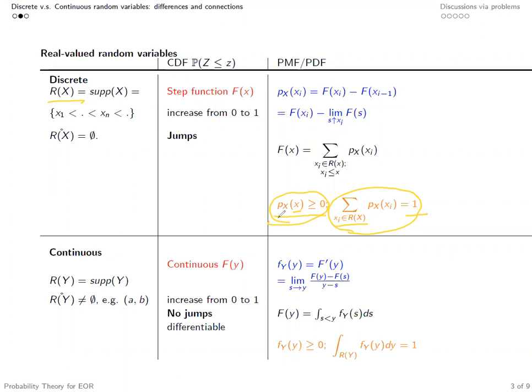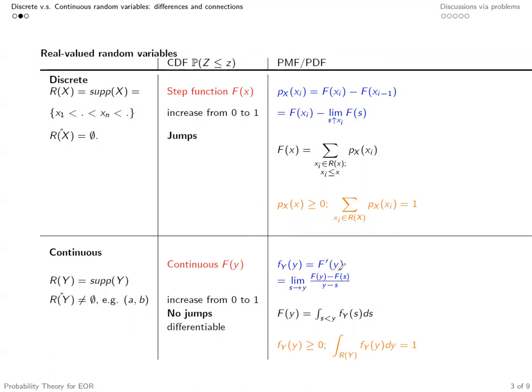So here we have an additional implicit property: the probability mass function is smaller than or equal to 1, right? Given the summation of them is equal to 1, we know each of them needs to be smaller or equal to 1.